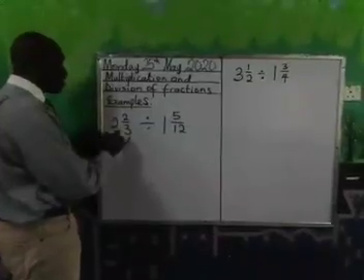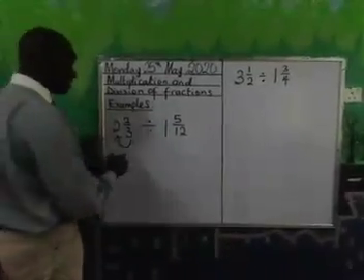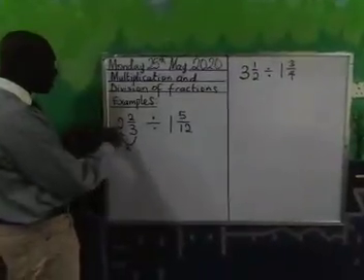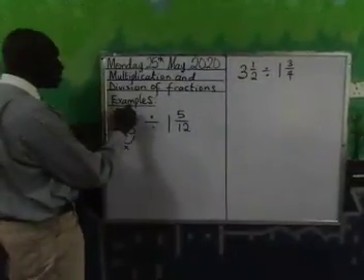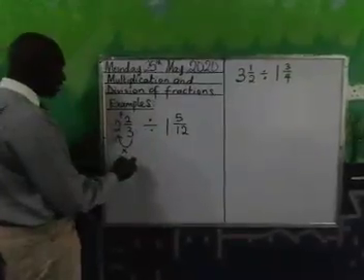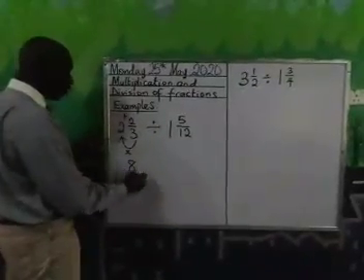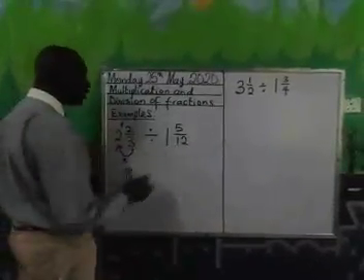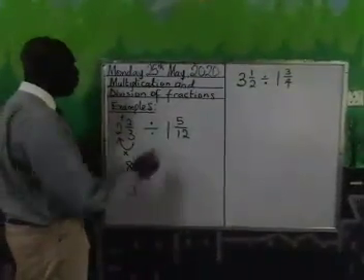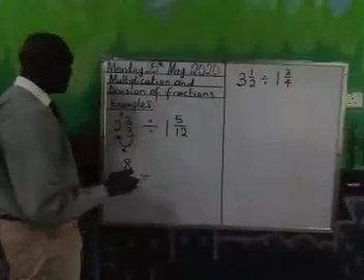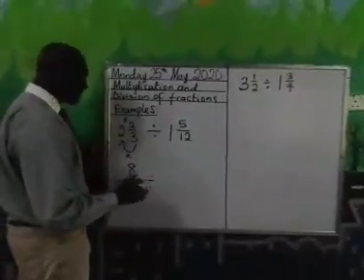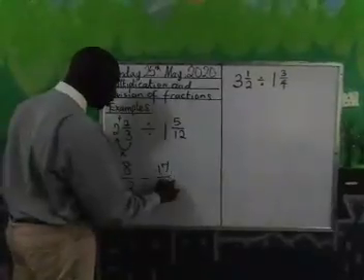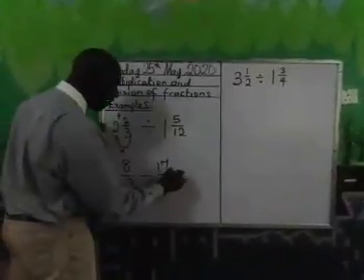Now we say 3 times 2 is 6. Remember that 3 times 2 is 6, plus 2, that's 8. 8 over 3 divided by 12 times 1 is 12, plus 5, that's 17. We have 17 over 12. Now see what would happen.